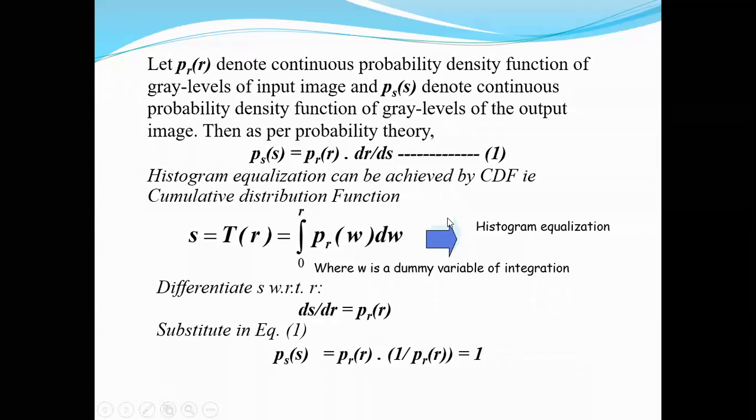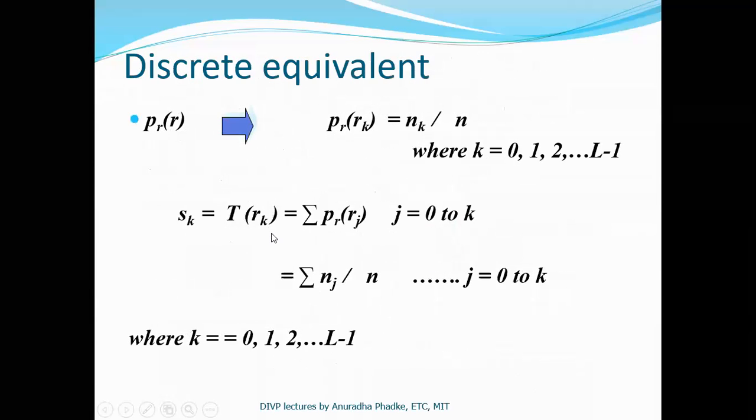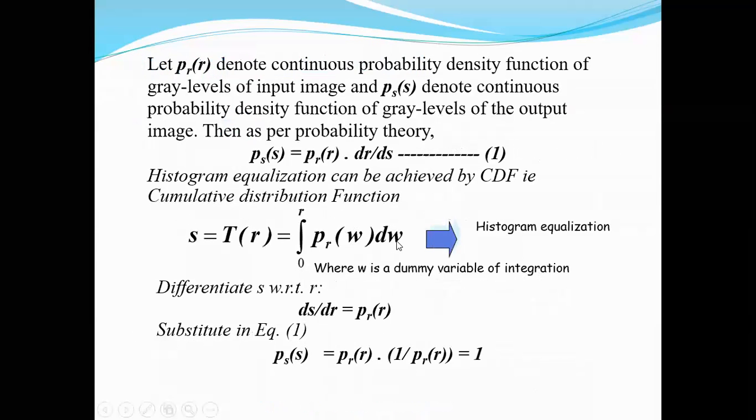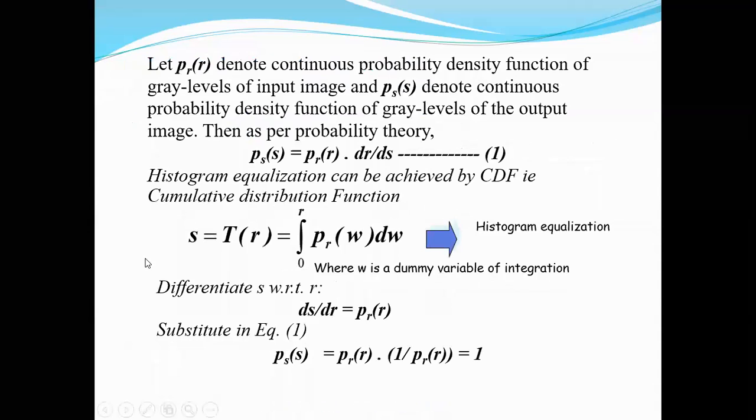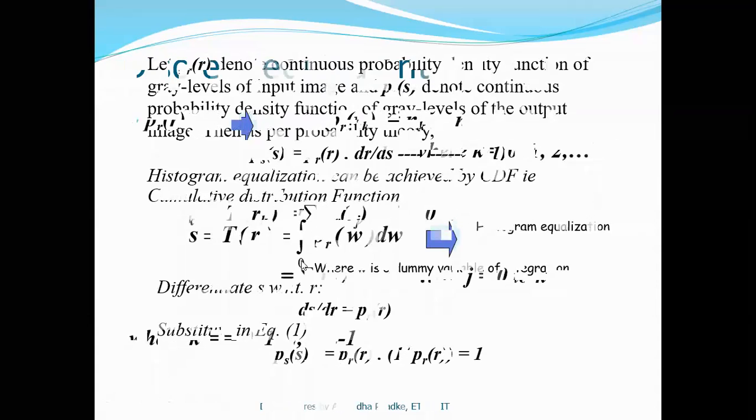Though this is mathematically complex, with one example we can understand this histogram equalization process. For that, let us have a look at the discrete equivalent of this equation. What is the discrete equivalent of integration? It is nothing but summation.